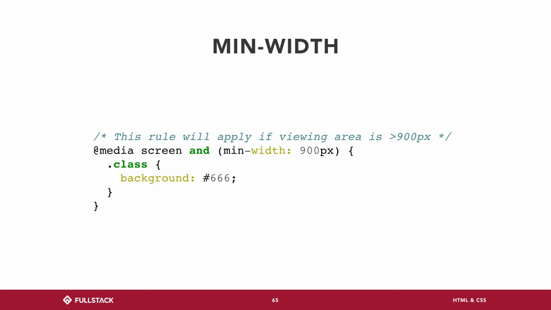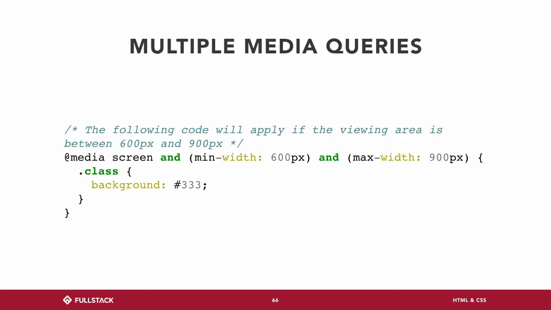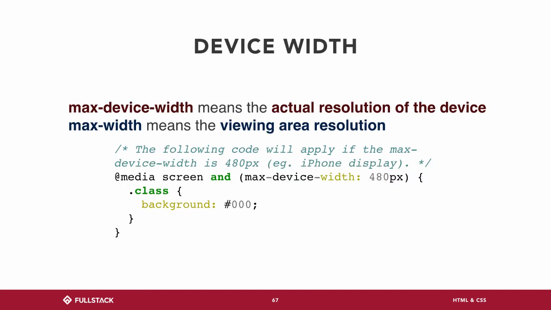So here would be if you were targeting anything that was greater than 900 pixels. Here, the CSS class would apply if your viewing area was between 600 pixels and 900 pixels. And here you could even target specific devices where you're looking at the width of the device.